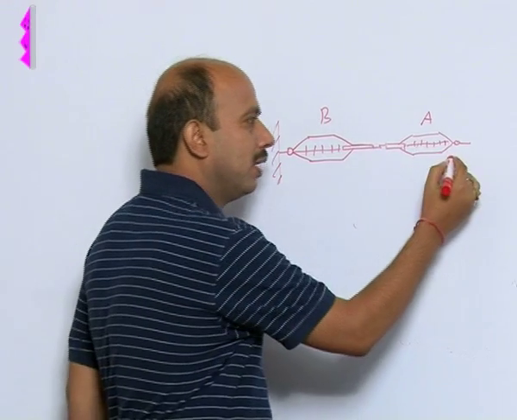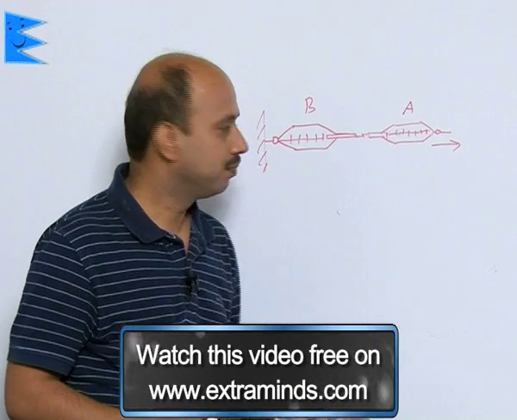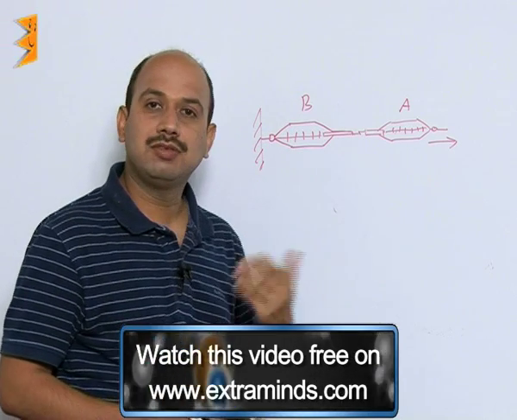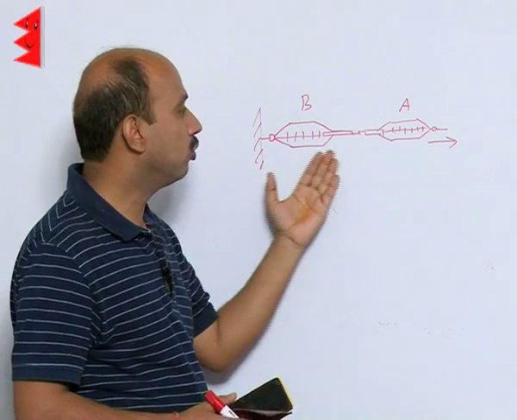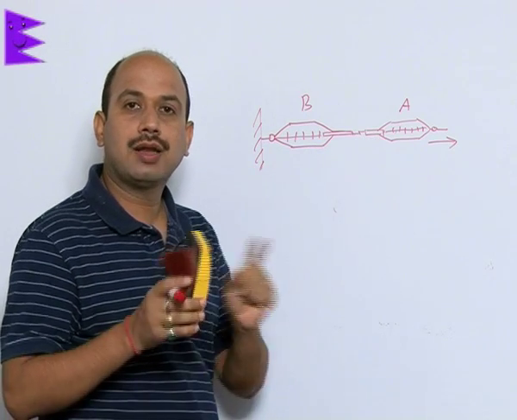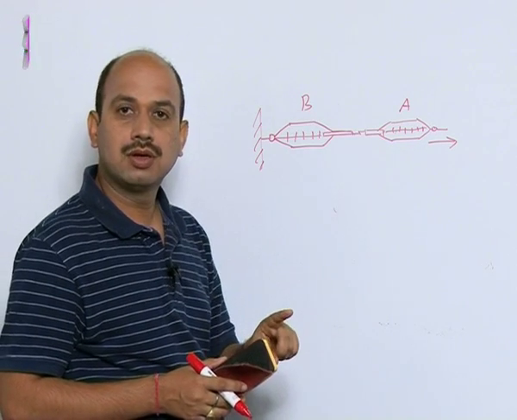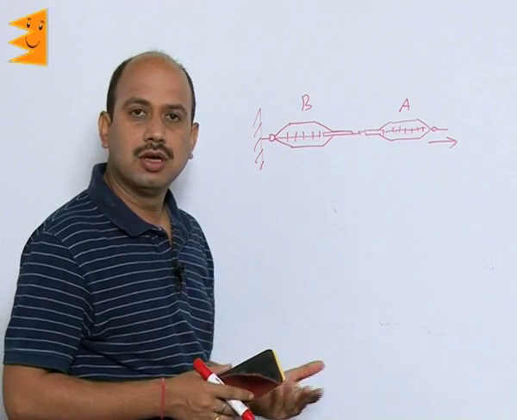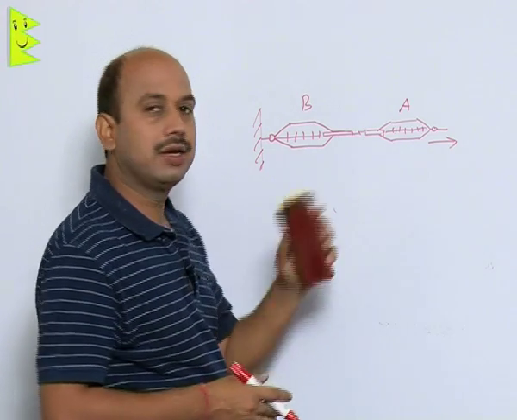When you pull this spring balance this side, you are applying force on spring balance A. Now you will see here, the reading shown by spring balance B will be the same. So when you pull spring balance A, B is also pulled. As a result, B pulls A to this side. Both are applying force on each other. So force applied on A is known as action, and force applied by B is known as reaction. Because these action and reaction are equal, both will show equal and opposite readings.